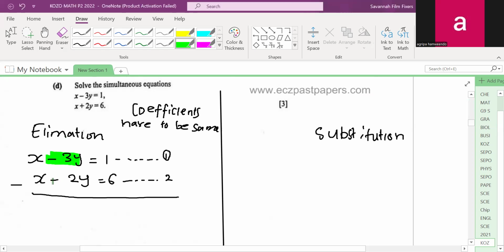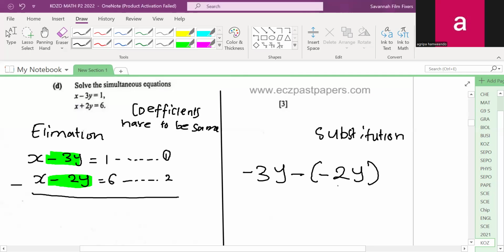Negative 3y minus negative 2y. Exactly. So I'll put it here because students usually make mistakes. Negative 3y minus negative 2y. We are subtracting. No wonder I've put this.